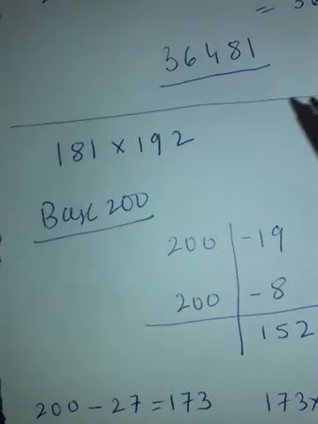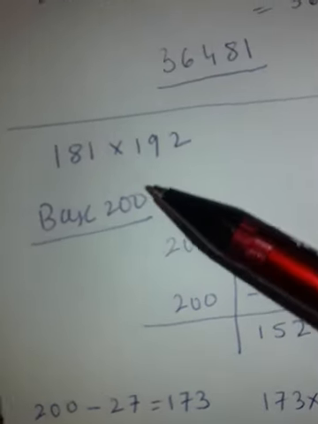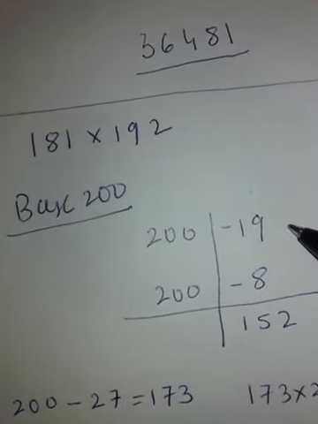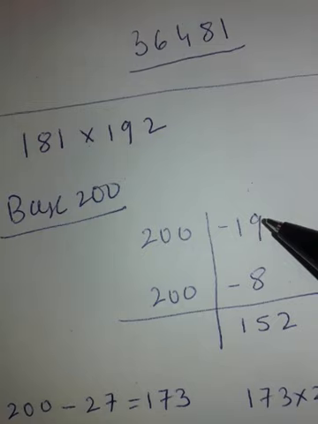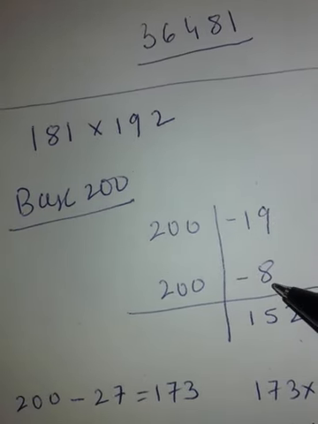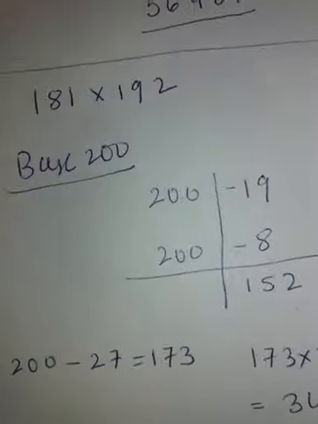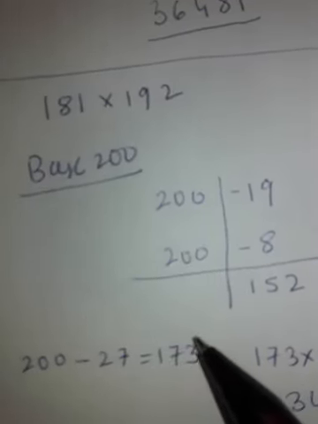181 multiplied by 192, common base 200. 181 is 200 minus 19. 192 is 200 minus 8. Take the product of these two numbers. 19 8s are 152. Now minus 19 minus 8 is minus 27. 200 minus 27 is 173. Up to this step very easy.